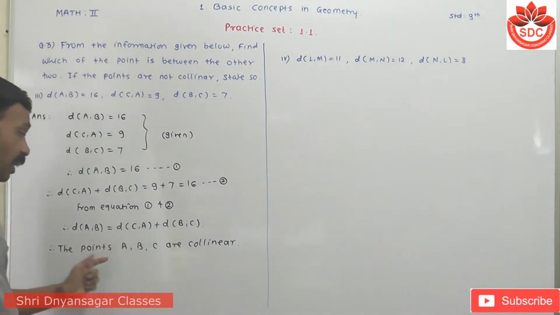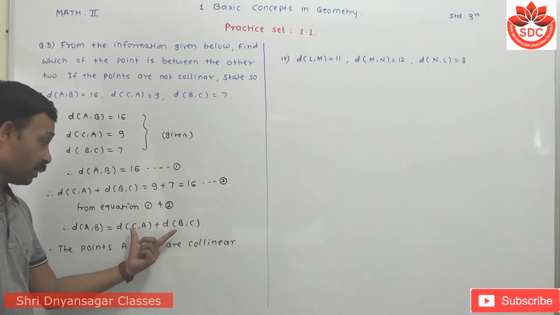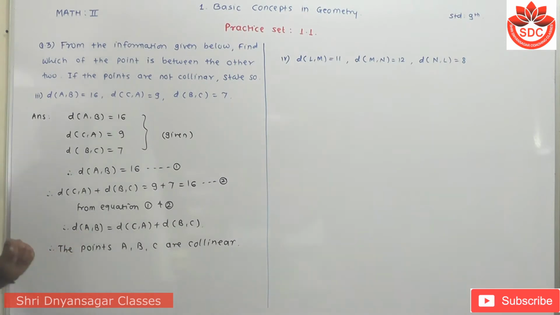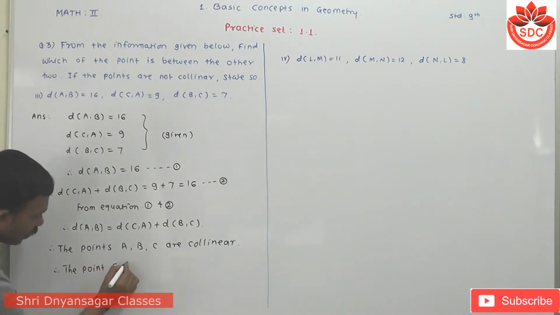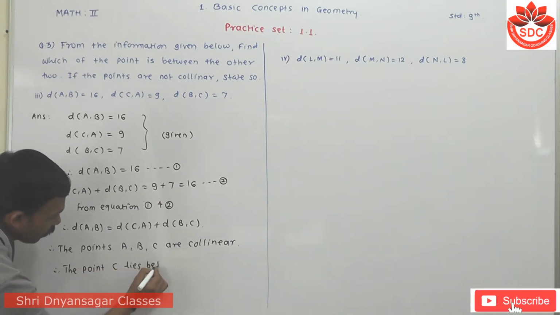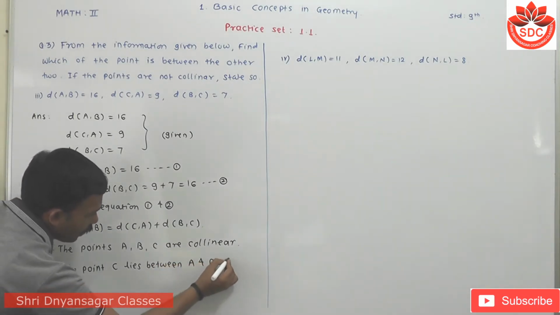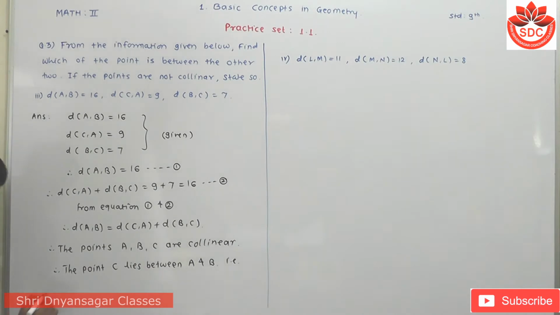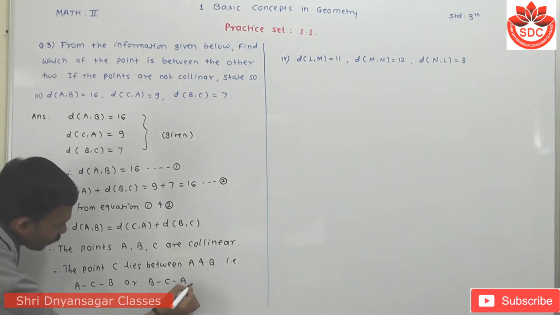If these three points are collinear, which is in between? When we observe carefully, C appears two times, so the point C is in between A and B. Therefore, the point C lies between A and B. Symbolically, we write A-C-B or B-C-A.